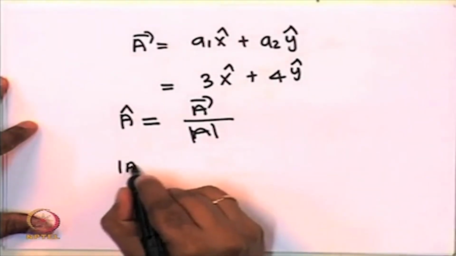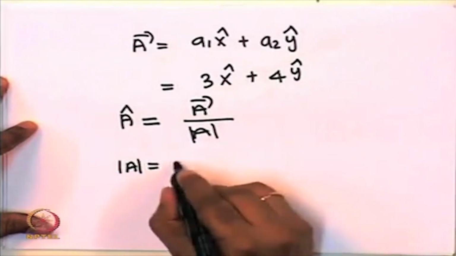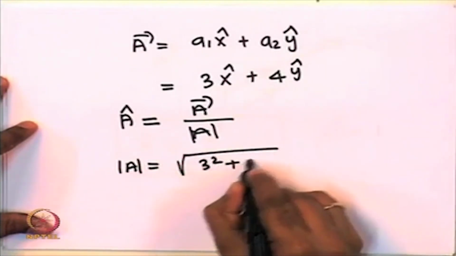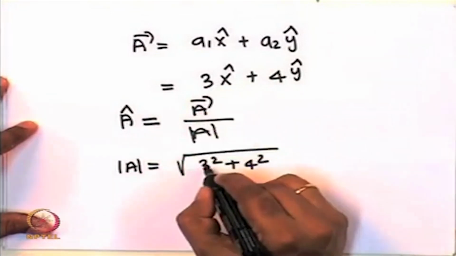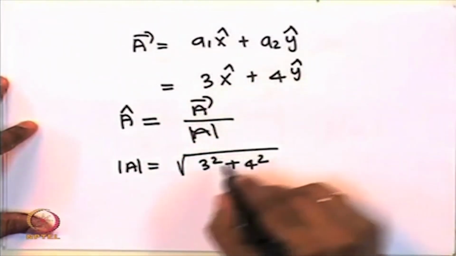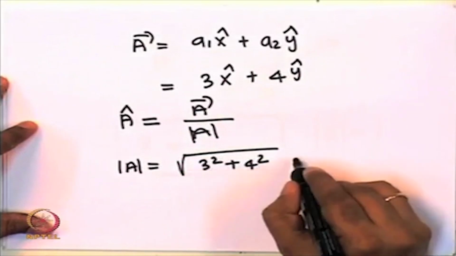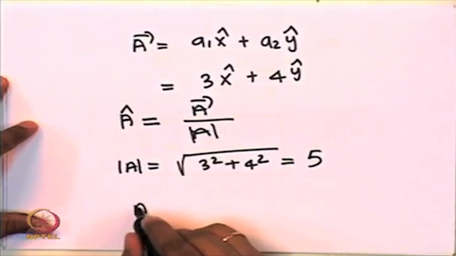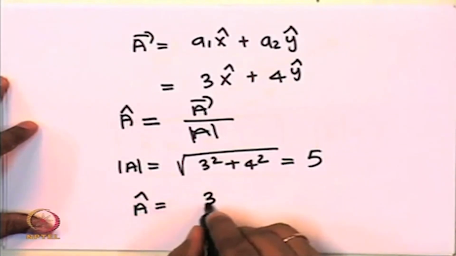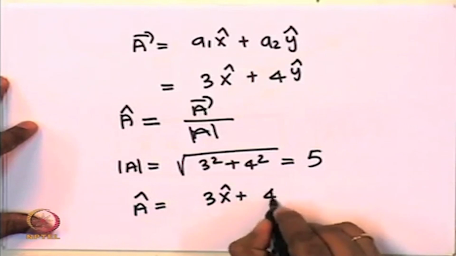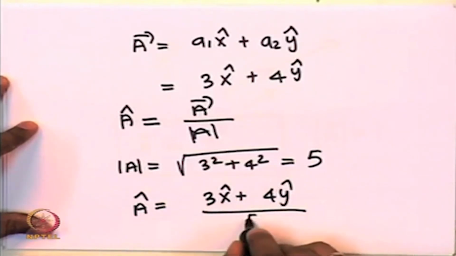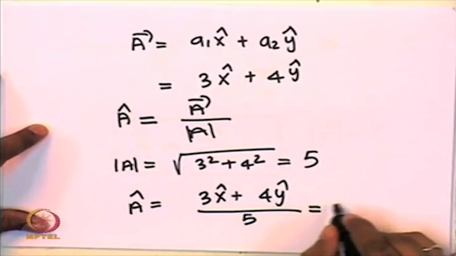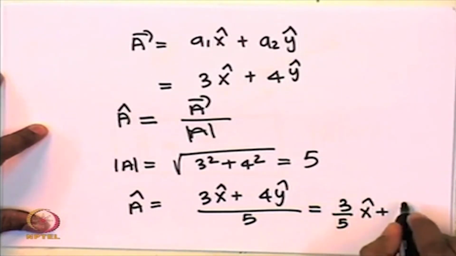The modulus of A vector is root of 3 square plus 4 square, the coefficient of x squared plus the coefficient of y squared. So 9 plus 16 is root of 25, which is 5. So A cap is 3 x plus 4 y divided by 5, which is 3 by 5 x plus 4 by 5 y.